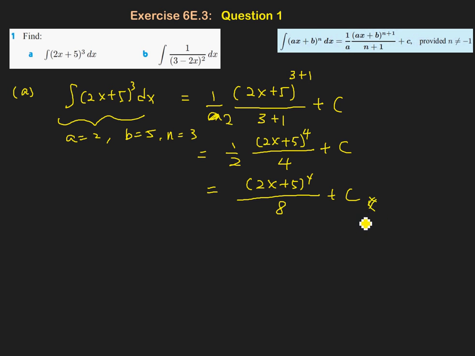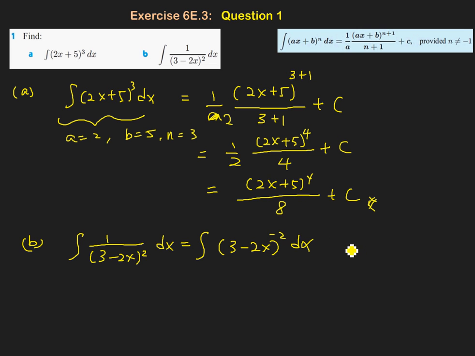Okay, now the next one, B, and this seems to be really difficult, right? However, if you use a little bit of algebra like this, it becomes -2.